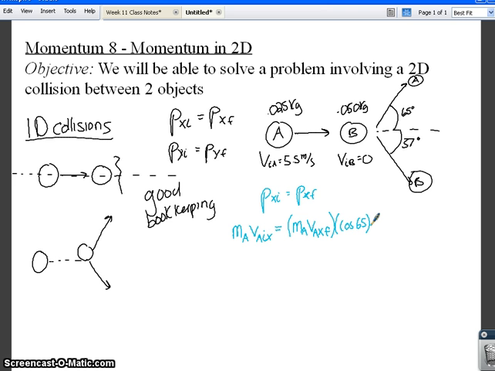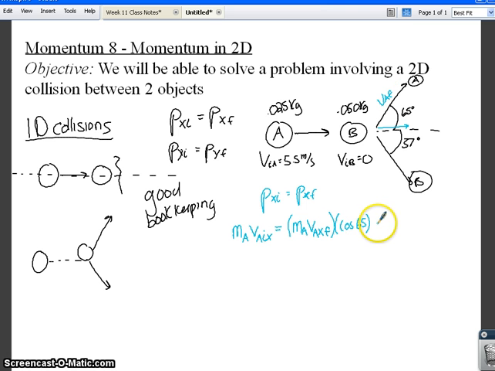Why the cosine of 65? Because this object is moving in this direction. This line right here is the adjacent side to 65, adjacent over hypotenuse, and the hypotenuse is the velocity of A finally.